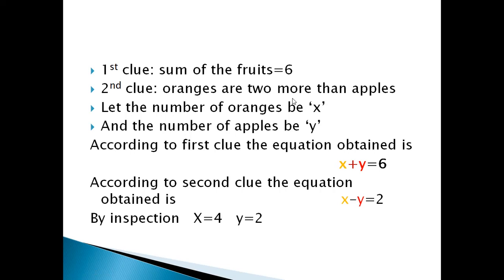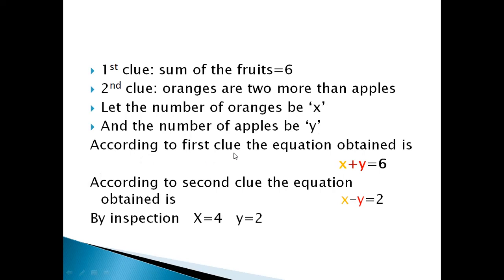Okay, that means what? x is equal to y plus 2. Is it not? So the first clue is the sum of the fruits is 6 and the second clue is oranges are 2 more than apples. Okay. Let the number of oranges be x and the number of apples be y.